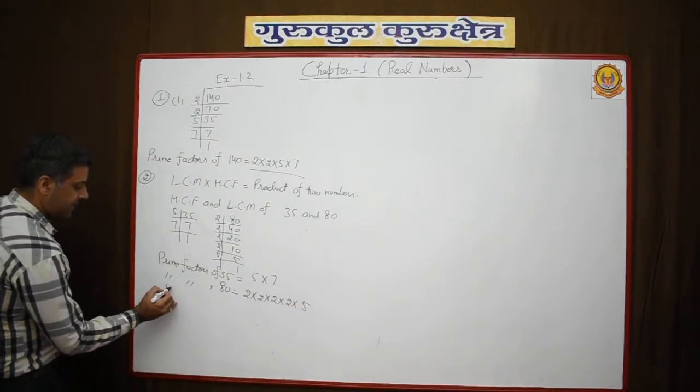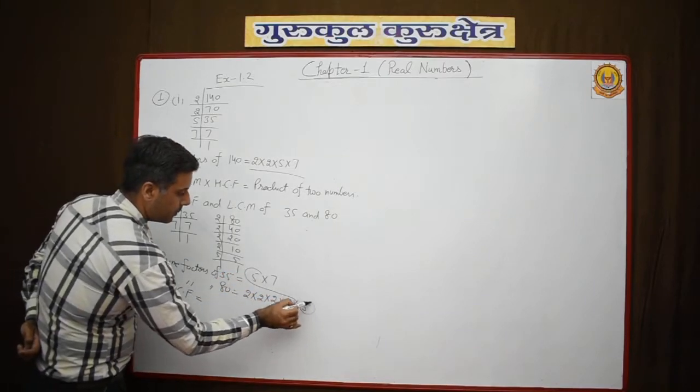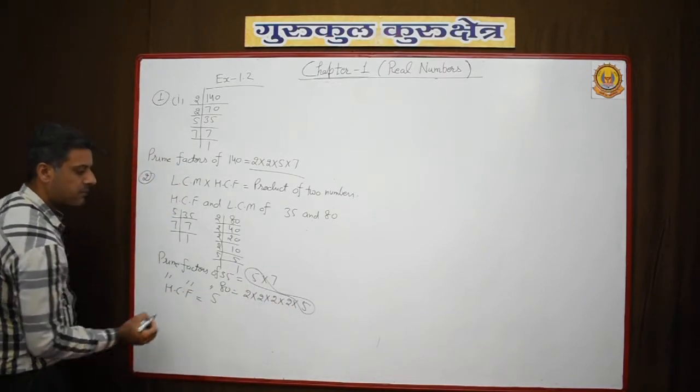So the prime factors of 35 are 5 into 7, and the prime factors of 80 are 2 into 2 into 2 into 2 into 5. Now the HCF of these two numbers, that is the common factor, is 5.